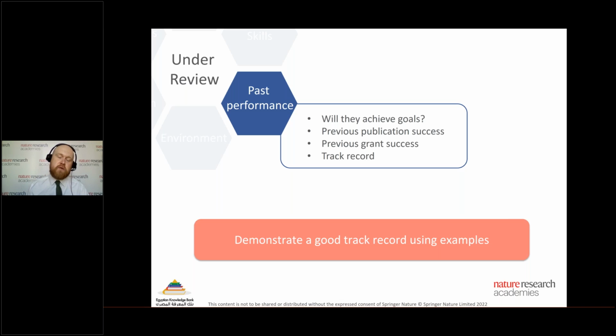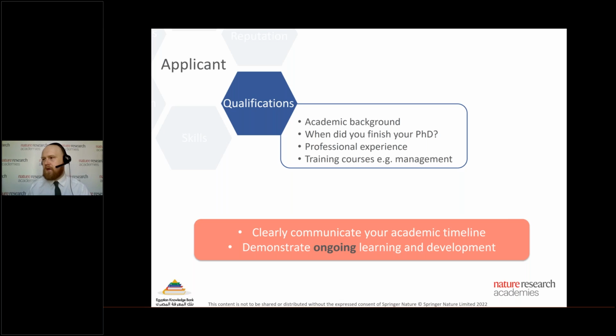This will make the reviewers have greater confidence in your proposal. Really, we want to be demonstrating our track record for success. So do be sure in your application to provide examples of your previous successes in whichever way you can, whether this is publications, grant success, perhaps talking at conferences, or highlighting some of your previous experiences related to success. Great.